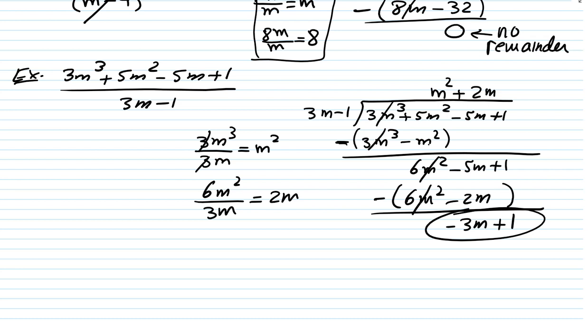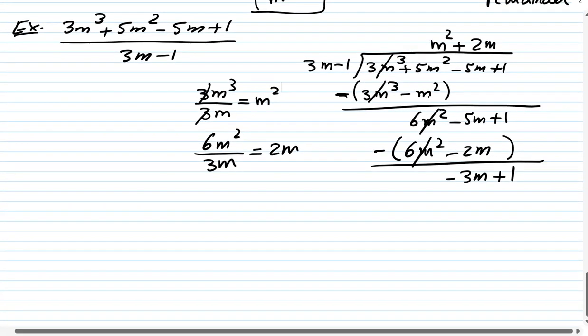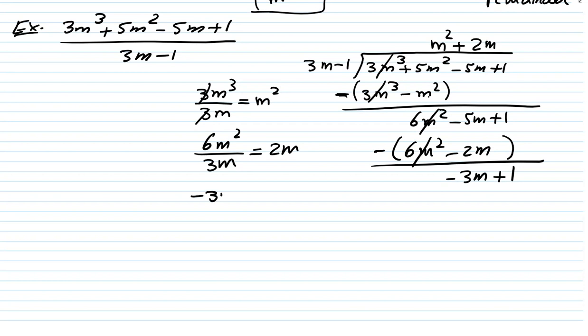See, the degree of the remainder is 1. The degree of the divisor is 1. So we continue, as long as it's equal to, which it is right now, or greater than. Negative 3m divided by 3m. That's negative 1. So we're going to go plus 2m, and then let's go negative 1.